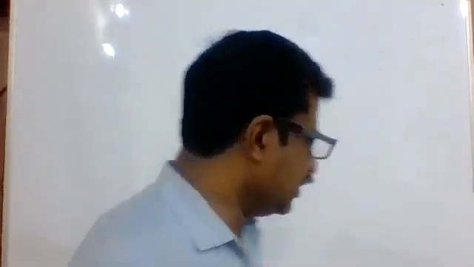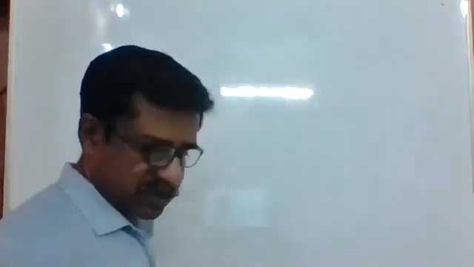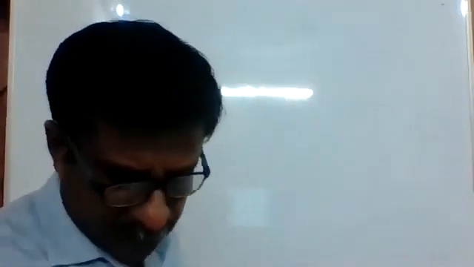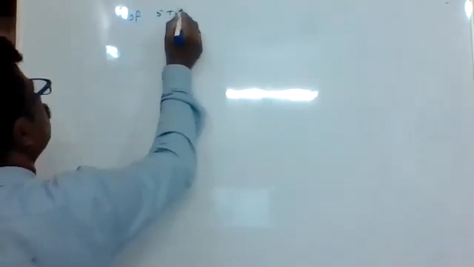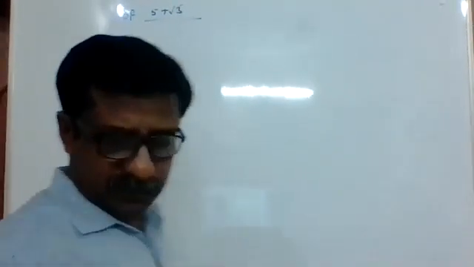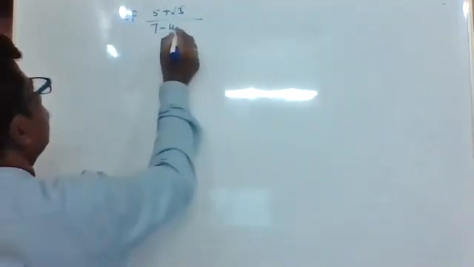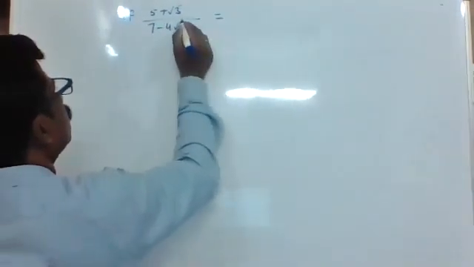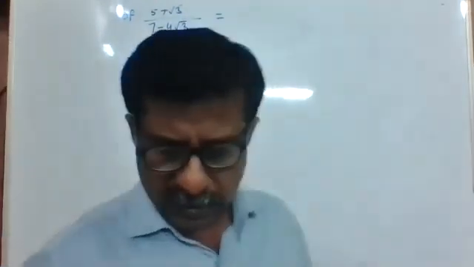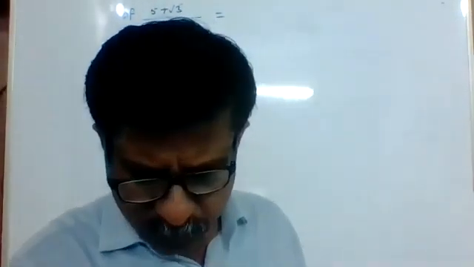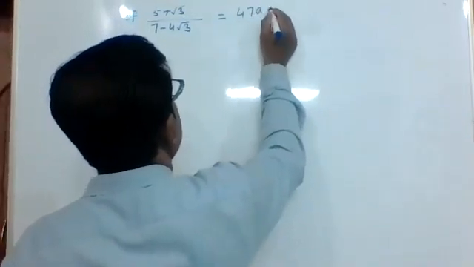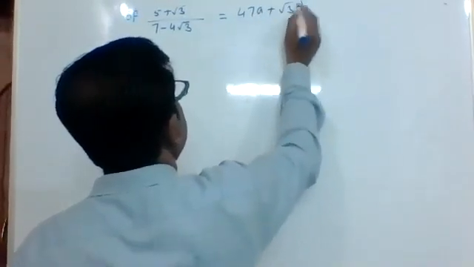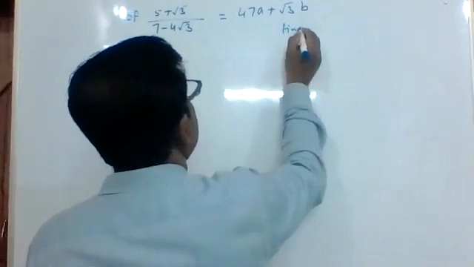Out of these questions, the first question I am giving: if (5 plus root 3) upon (7 minus 4 root 3) equals 47a plus root 3b, find the values of a and b.